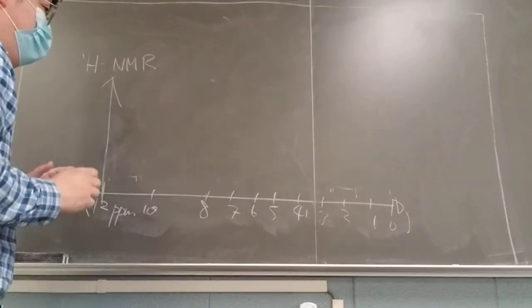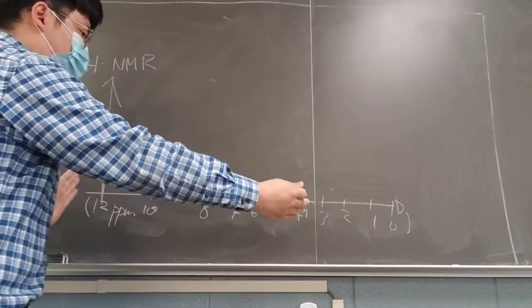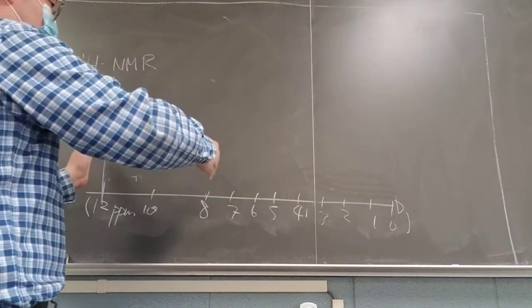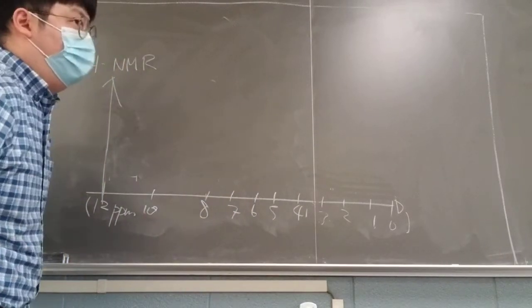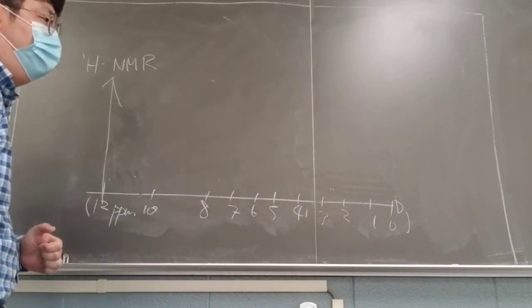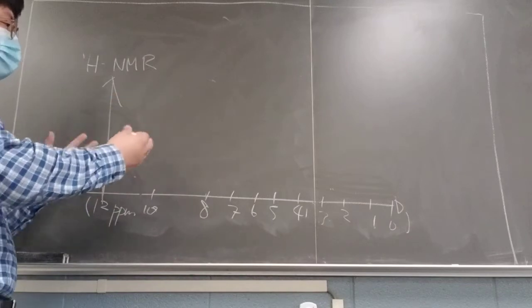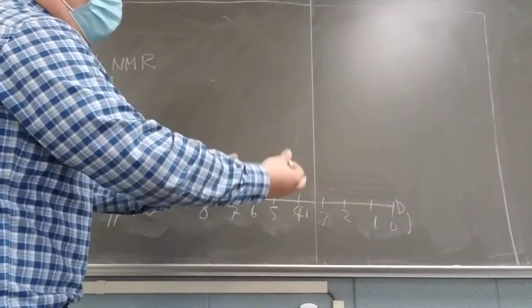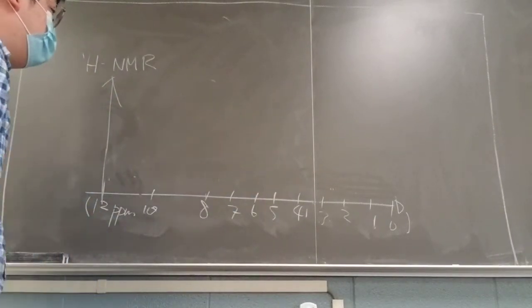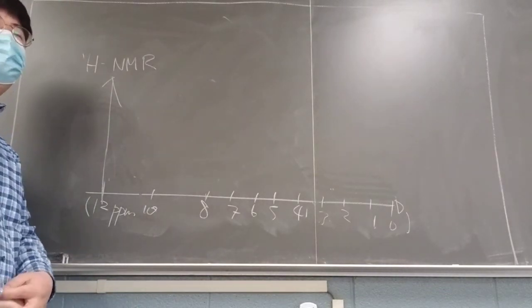Pretty much the difference between carbon and proton NMR is just a much smaller scale and a slightly different position of the signal you may see on the proton NMR, but mostly it's a similar principle: deshielded, downfield, shielded, upfield. So I'll give you several examples today.